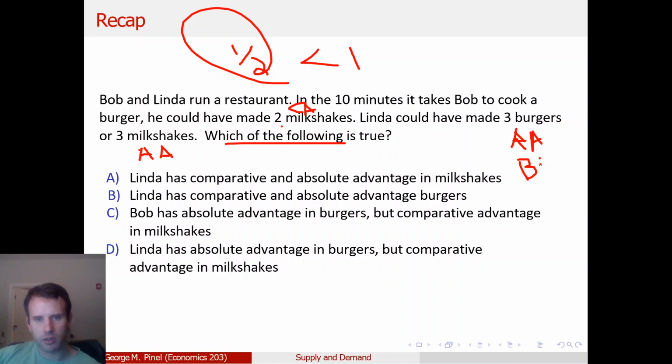BA Baracus. Right. So Linda has absolute advantage and comparative advantage in burgers, absolute advantage in milkshakes. Bob has comparative advantage in milkshakes. Okay. So Bob does not have absolute advantage in burgers. Linda has comparative advantage in burgers, so this one doesn't work out either. Linda has comparative and absolute advantage in burgers. Correct. So it should be B.